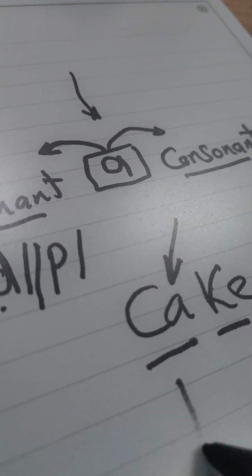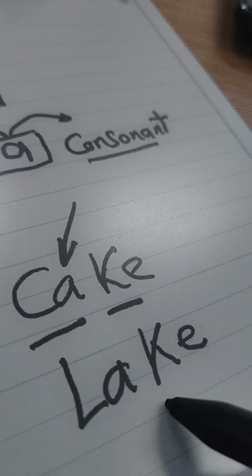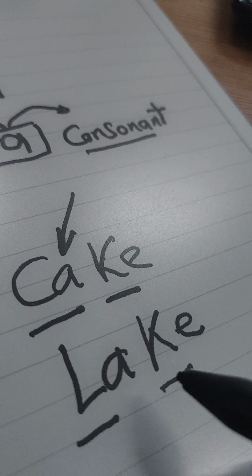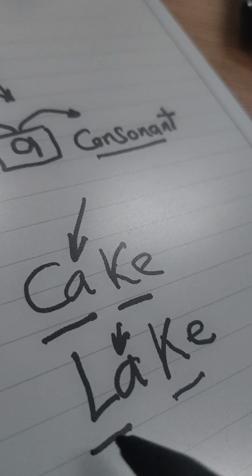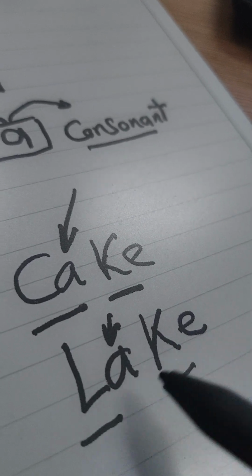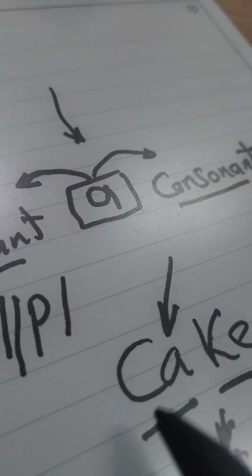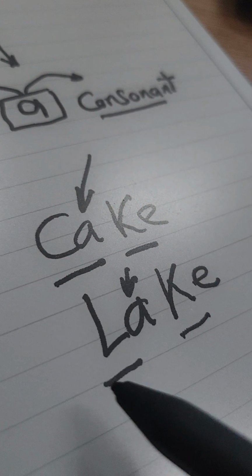Okay, this is what now? So I have L, K, consonants, and I have a vowel A. So the sound is A. Lake. Not lake, no, that's wrong. Lake. That's right.